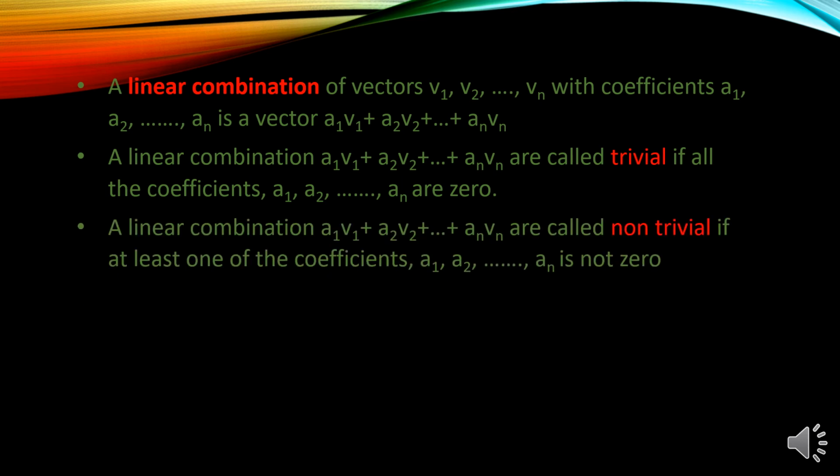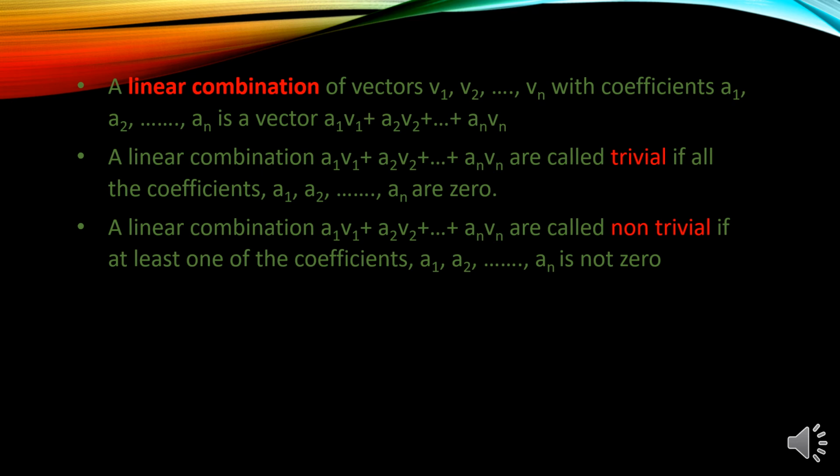But a linear combination is called non-trivial if at least one of the coefficients a1, a2 up to an is not 0.